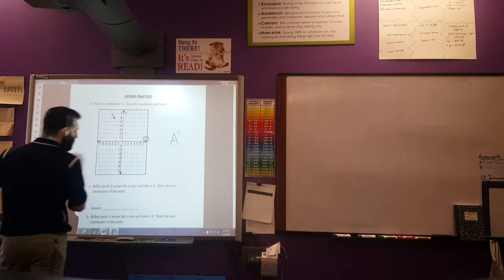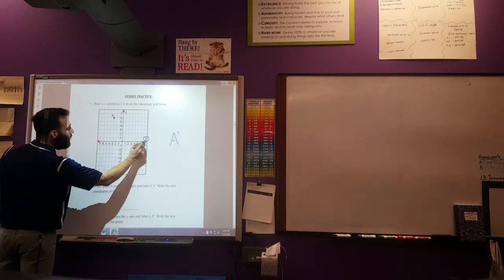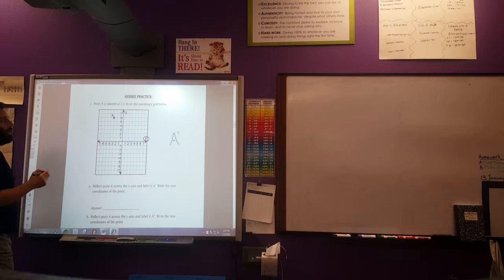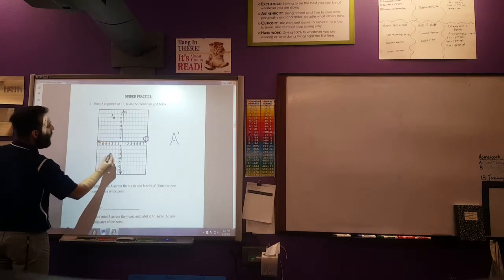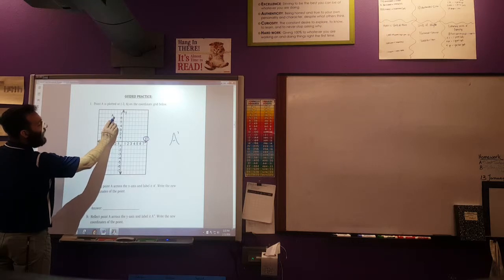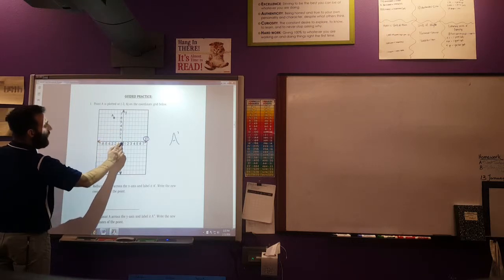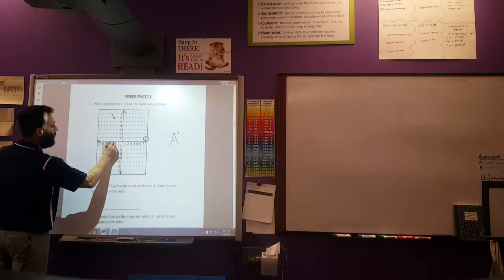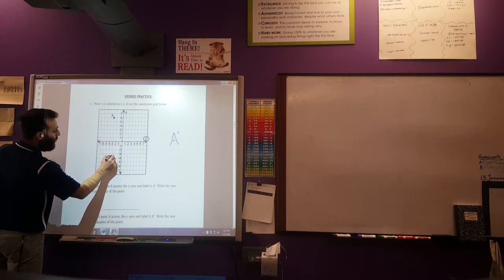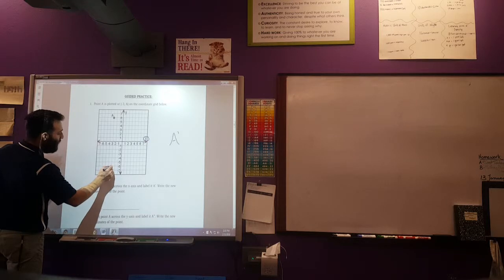So, I'm going to find my x-axis, find my A coordinate, and find its opposite. Now I know if A is at -3, 6, I'm going to go -3 and then go down 1, 2, 3, 4, 5, 6.